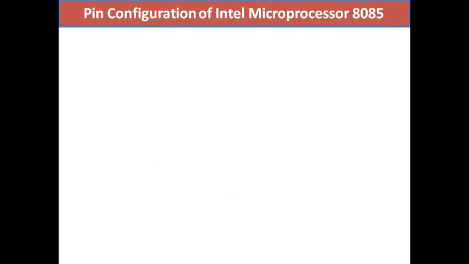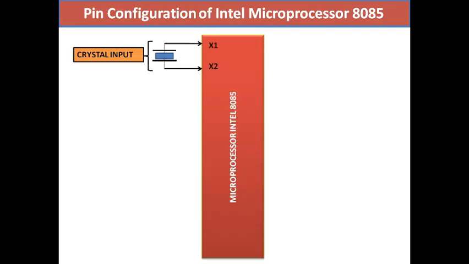Let us now try to see the pin configuration of Intel microprocessor 8085. Every microprocessor is made up of combinational and sequential circuits, and whenever we have sequential circuits, those circuits work as per the instruction set along with the clocks.